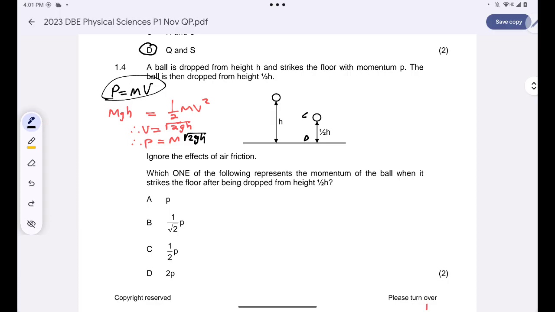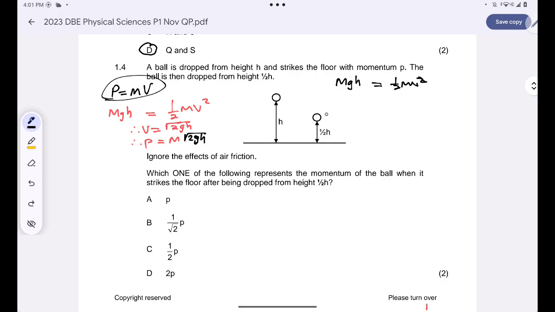All together. Okay, and then now we look at the momentum whenever the ball is being dropped from C to D. It's still the same, guys. This is an isolated system, which simply means that mechanical energy is conserved. That means mgh is equal to half mv squared. Remember that, guys, mechanical energy is the potential energy plus the kinetic energy.